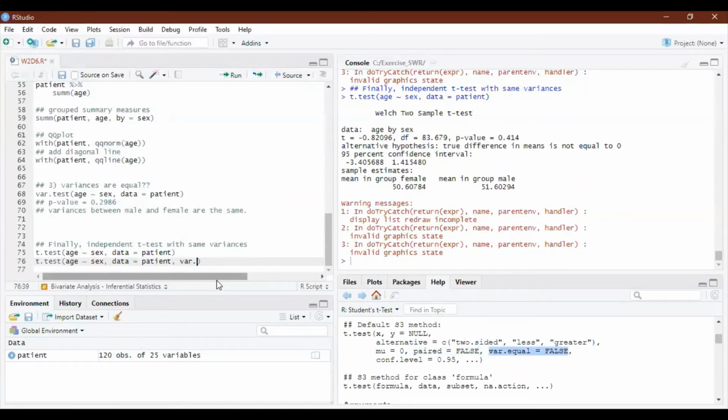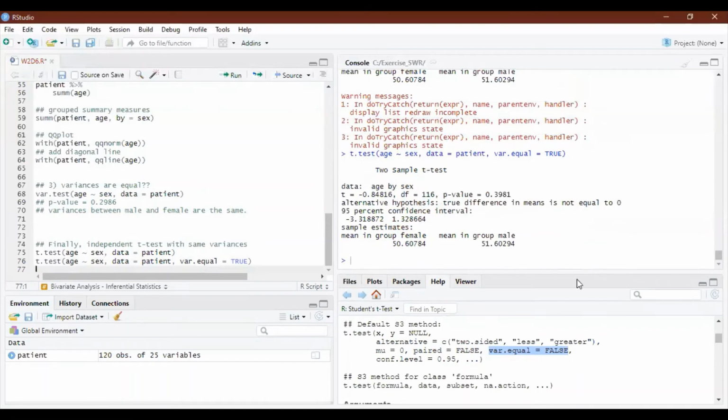We need to put var.equal equal to true to make the assumption of equal variances. In that condition, we say that the variances are equal between the two groups. So we have to specify var.equal equal to true. Look here at how this will change.